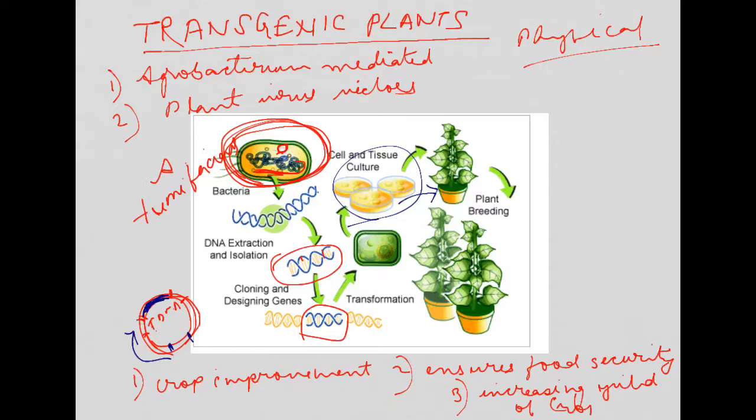For example, if you want to produce an insect resistant plant, or drought tolerant plants, or a plant that gives more fruit production. That is why Agrobacterium is treated as nature's most effective plant genetic engineer.